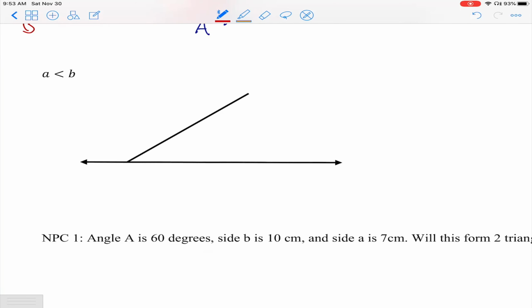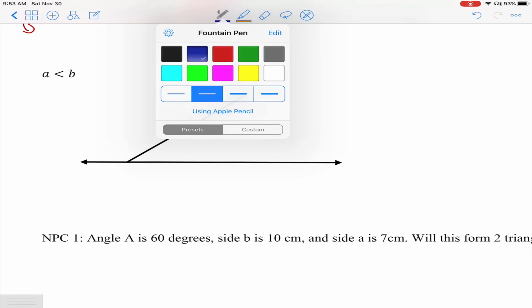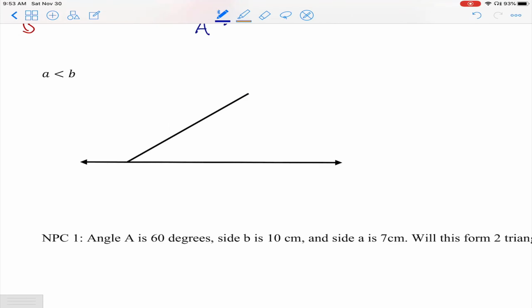The second umbrella case is where your angle is acute, not obtuse. Your angle A is acute, and your opposite side is less than B. So let's take a look at this. If you have angle A and you have a side A over there somewhere, let's say that's A, and then your angle B and then side B. Visually, A is less than B. Then we have to think about this one very carefully.